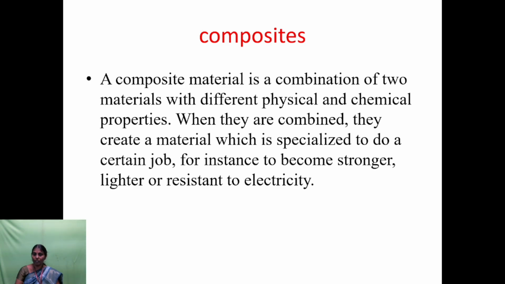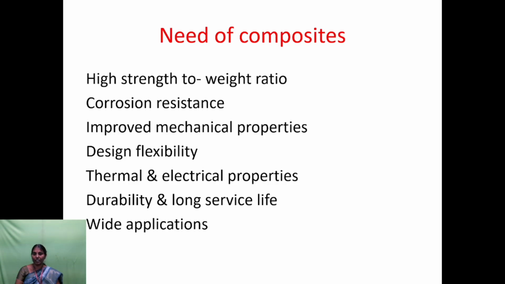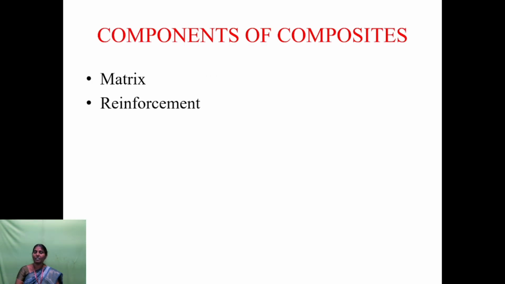Weight reduction saves time and also energy. So next, the need for composites: light weight, high strength, corrosion resistance, improved mechanical properties and design flexibility, thermal and electrical properties, durability, that is long life, and wide application, for the purpose of composite need in our daily life and technologically. And the components of composites: we can use two components.